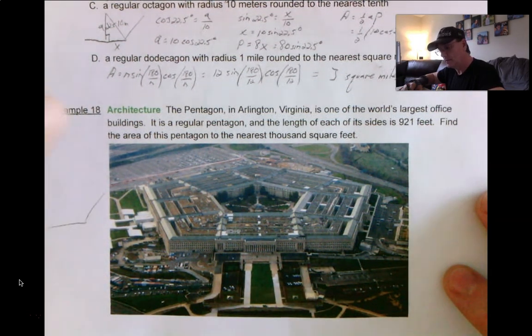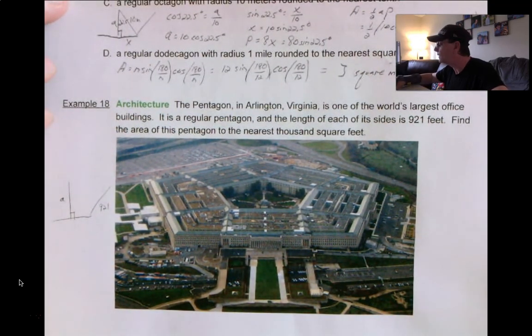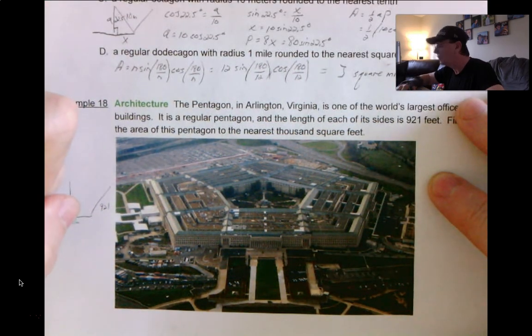So I'm just going to draw a part of it. This is 921. I need the apothem. So 921 divided by 2 is 460.5.